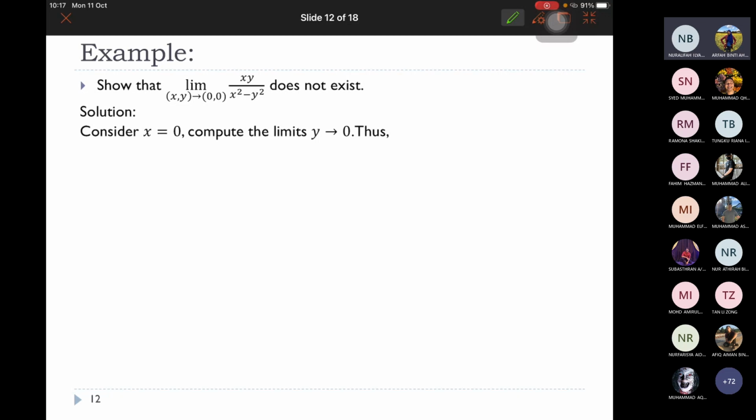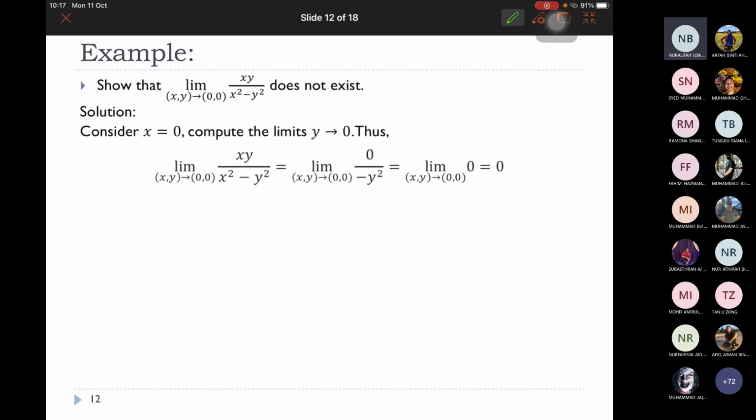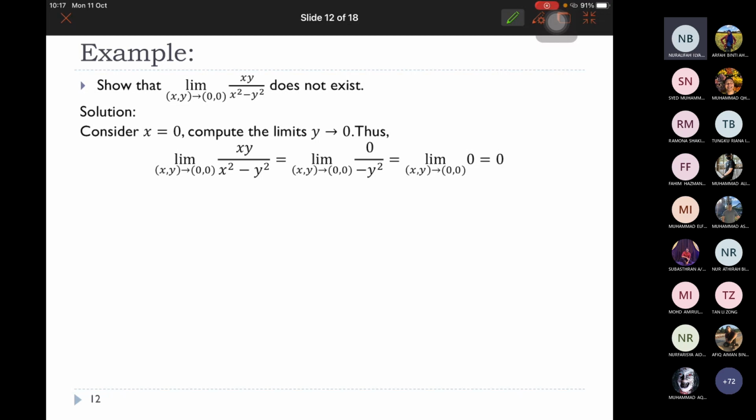So apakah jawapannya? So you are going to have when x equal to 0 and y is the one approaches 0, so akan dapat the value of the limit equal to kosong. Then cuba tengok lagi satu. When y equal to 0, so the limit of x approaches 0. What will be the value? Mesti tak sama. That's the reason why it does not exist.